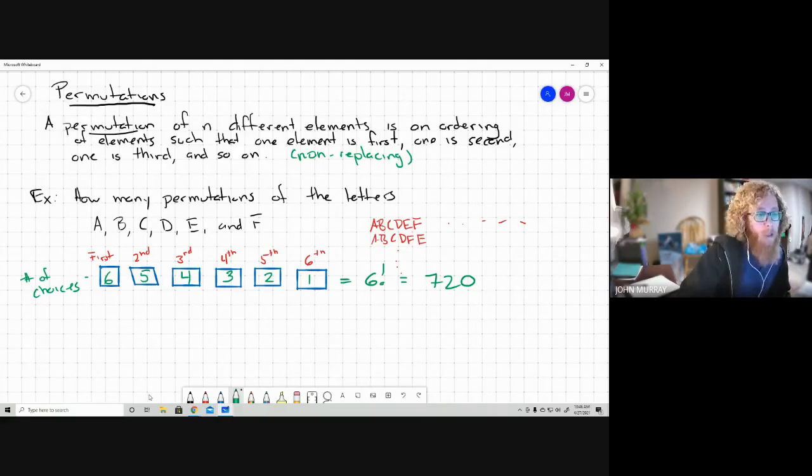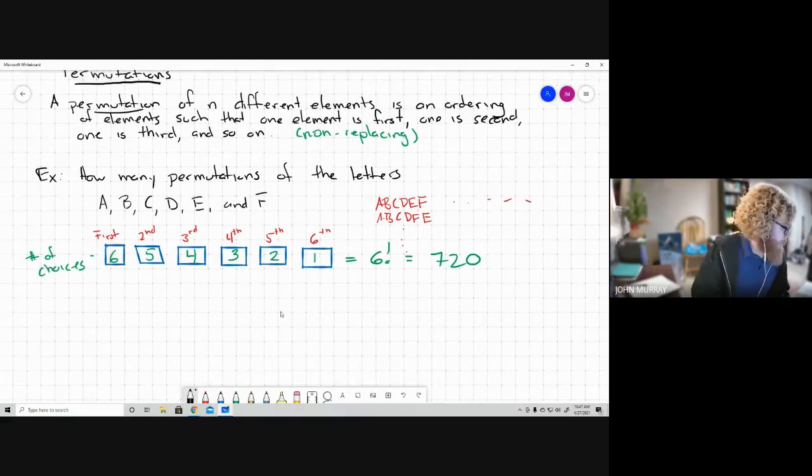All right, and if I tried to write them all out, we'd be here for a while. That would take today and tomorrow. Okay, so that actually leads us to one of our rules.